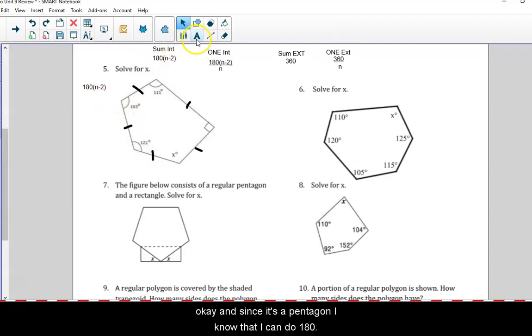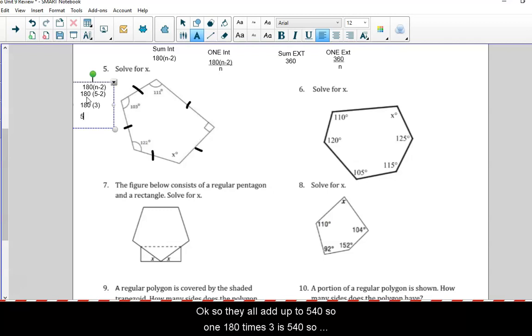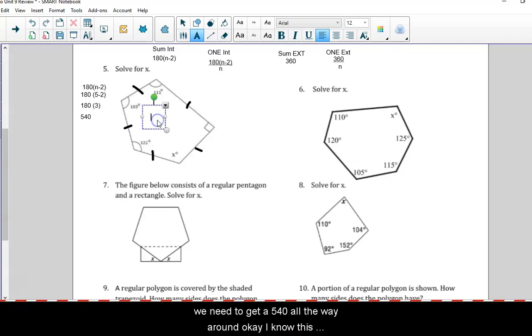Now since it's a pentagon, I know that I can do 180 times 5 minus 2, 180 times 3. So they all have to add up to 540. 180 times 3 is 540, so we need to get a 540 all the way around.